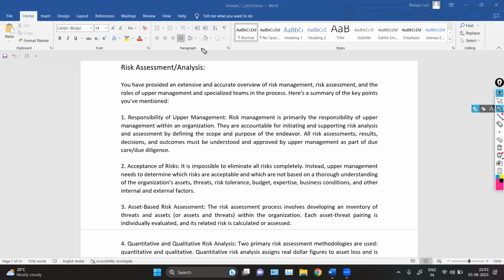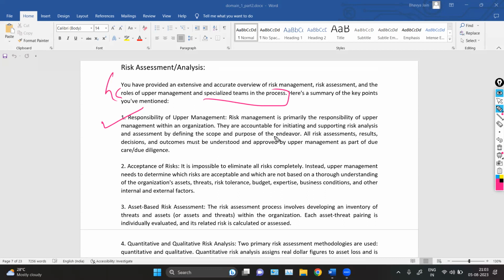So here we have provided an extensive and accurate overview of risk management, risk assessment, and the role of upper management in specialized teams. The roles of upper management are not a part of the exam, computer security. Now we have the responsibility of the upper management. Risk management is primarily the responsibility of the upper management within an organization.